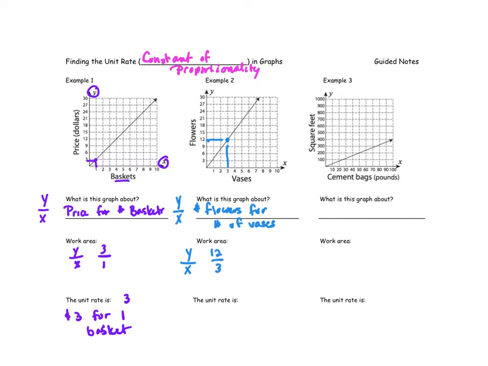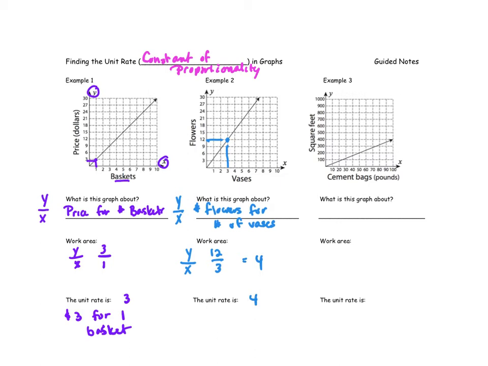Now, if I would have tried to use what matches up with 1, it might have been 3.5 or 4. And if I would have tried to use 2, it looks like it's somewhere between 6 and 9. It could have been 7 or 7.5. So when we're reading a graph, we want to use whole numbers. So 12 divided by 3 would be 4. So this equals 4. So our unit rate is 4.